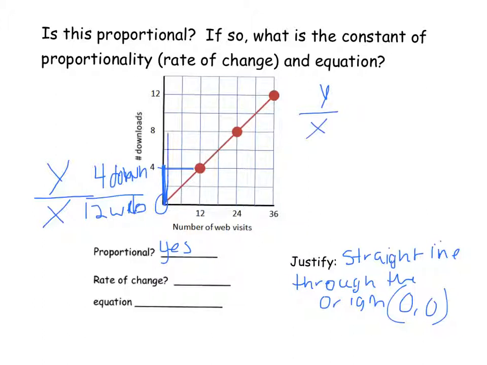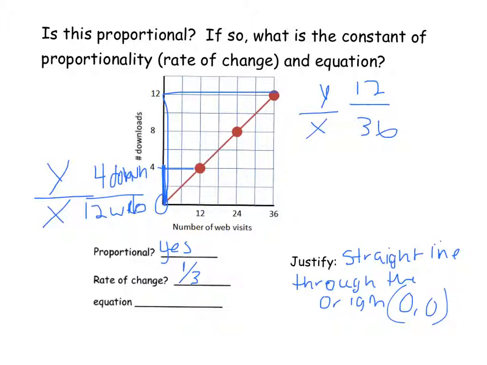So I could go all the way up to this point, where it is 12 over 36. And regardless, what we simplify that to is 1/3. 4 over 12 is 1/3. 12 over 36 is 1/3.